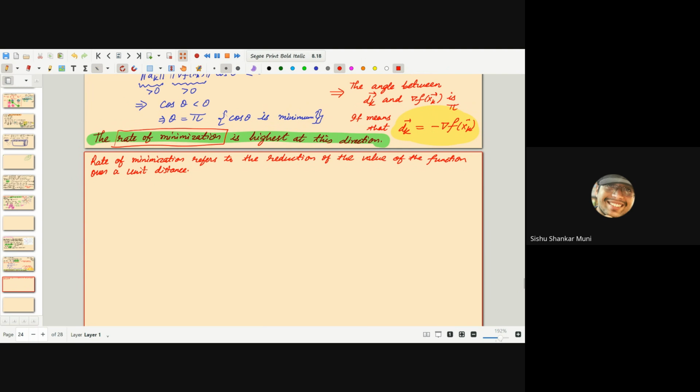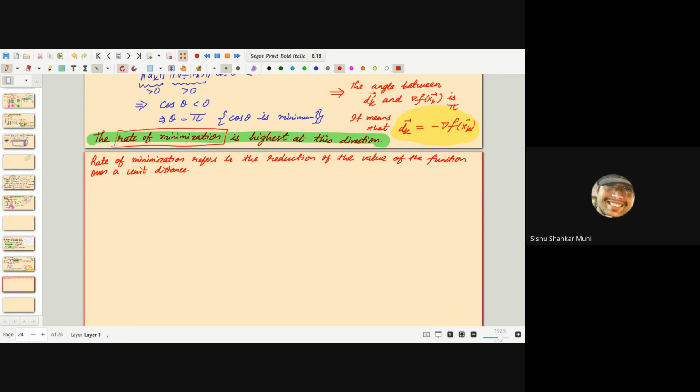Do you agree? If you go a unit distance, how much has your function reduced? Why am I saying the function value should reduce? Because we are looking at a minimization problem. So we want to go in a direction where the function value is minimized. How much it is minimized if we go in that direction is known as the rate of minimization of the function. I hope it is intuitive.